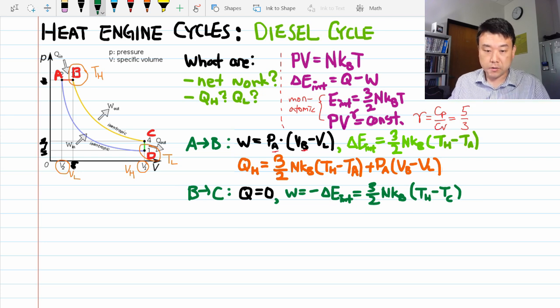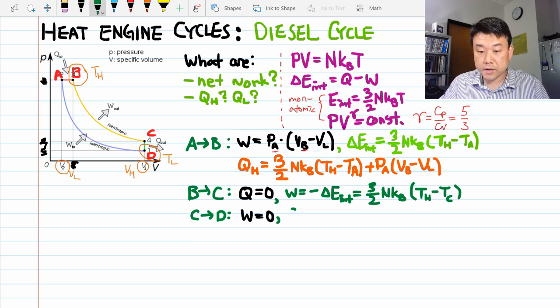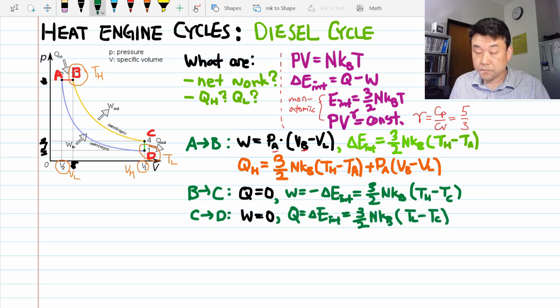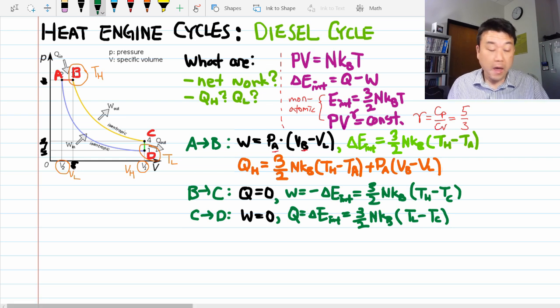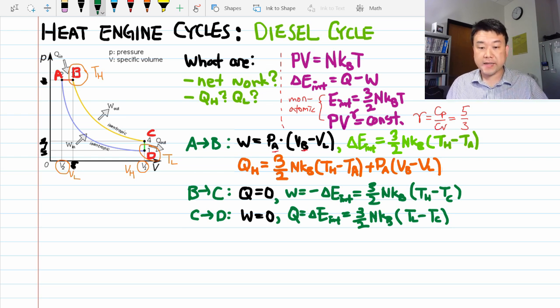Alright, chugging along. Isochoric cooling from C to D. So here the work done is zero, and all the heat transferred goes into changing the internal energy. Make sure this is negative because there's heat flowing out from the system for this step. Alright, finally, the adiabatic compression from D to A that completes the cycle.